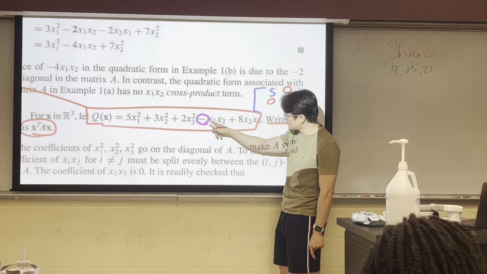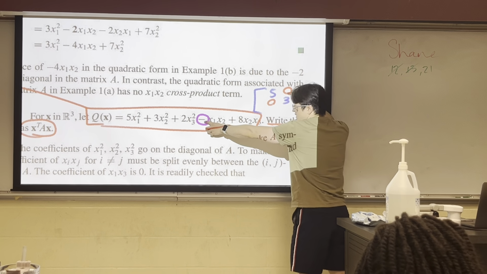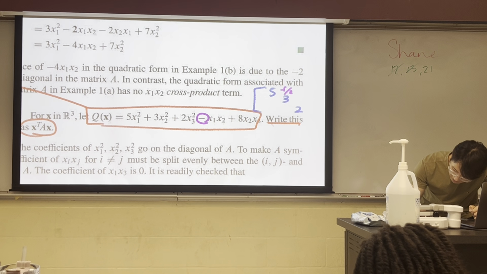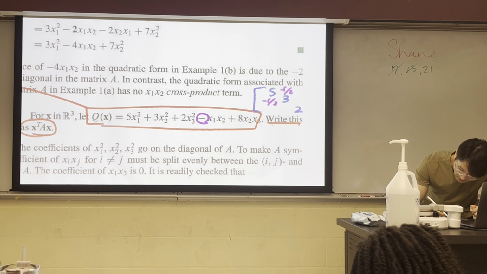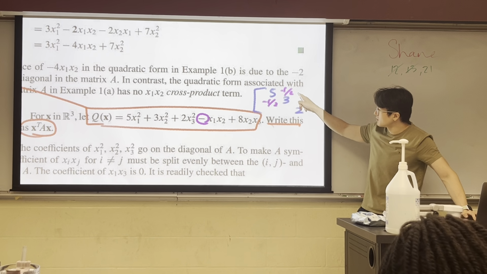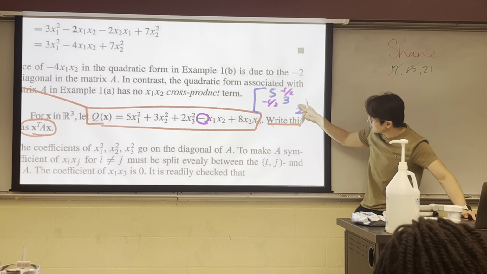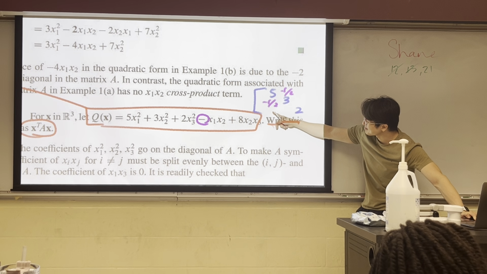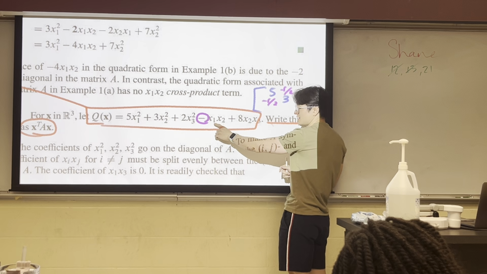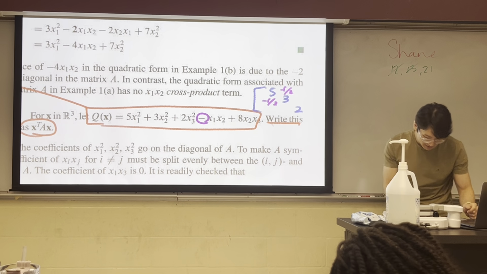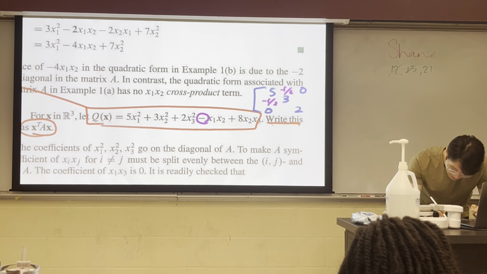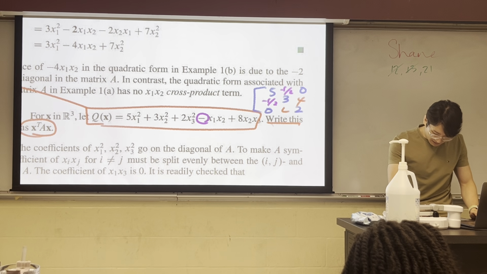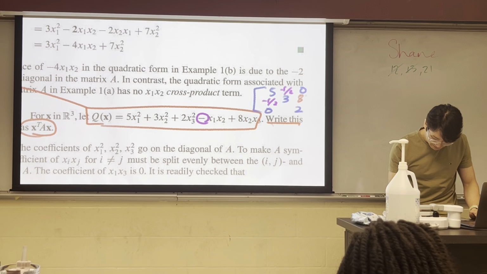You take half of this, so therefore you have -1/2, -1/2. How about this? First column, third row. Because we don't have a term multiplied with x1 and x3, it's 0, 0. What about next? Half of this, 8.